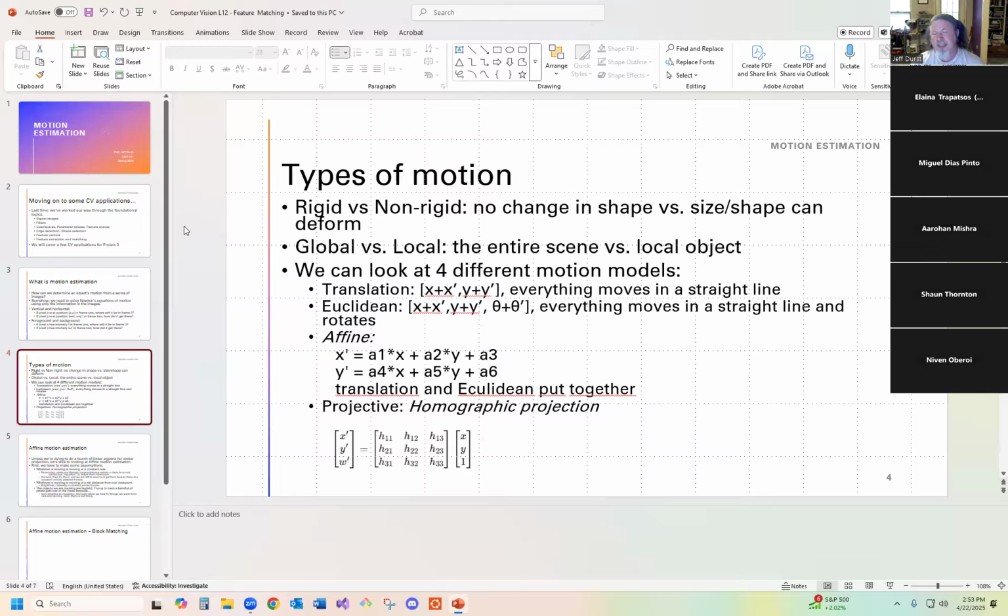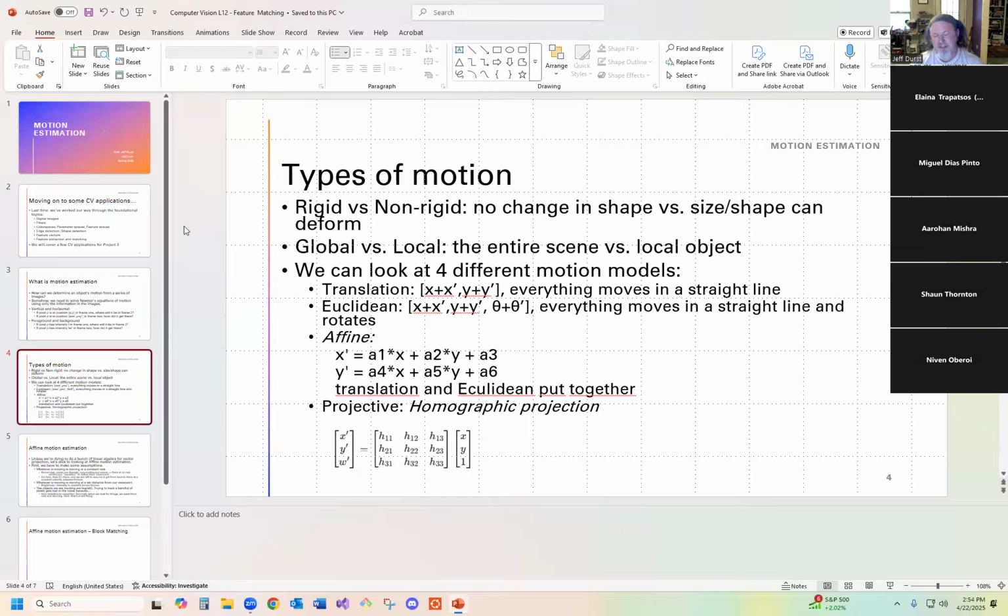There's the Euclidean version of that, where there's now a rotational element. So you're going to have your delta x, your delta y, and your delta theta. So whatever you're looking at, the orientation can now change. That's like if you have your person running, and the angle of the arms or the legs is going to change between frames.